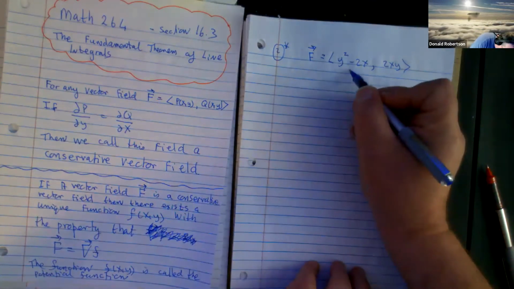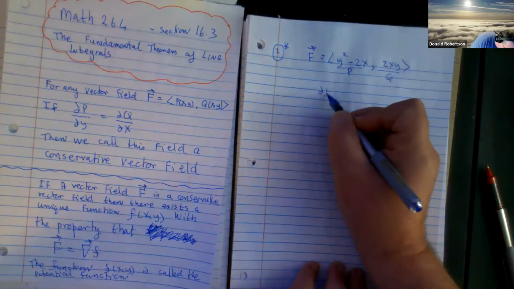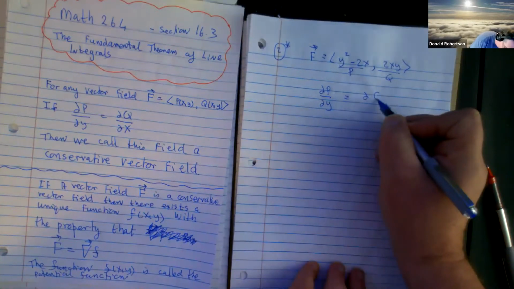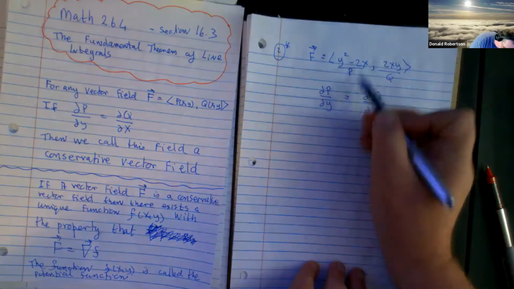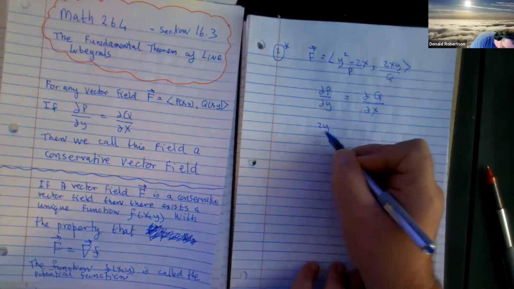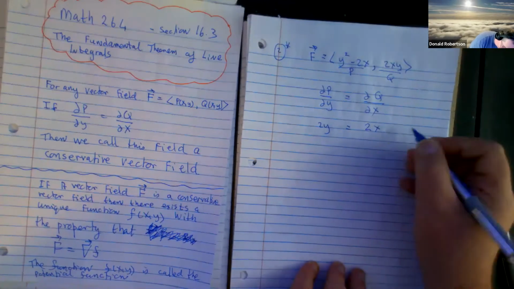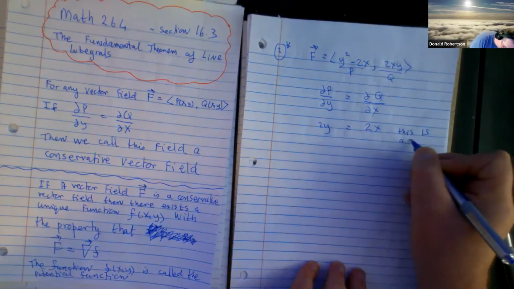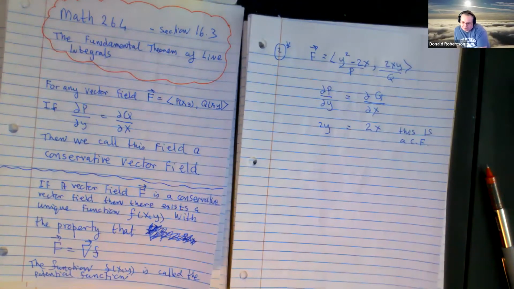So he's P, he's Q. So the partial derivative of P with respect to y should be equal to that guy. Okay, if you do this guy with respect to y, you get 2y. And if you do this guy with respect to x, you get 2x. So this is a conservative field. Are you comfortable that it's a pretty straightforward test? Right?